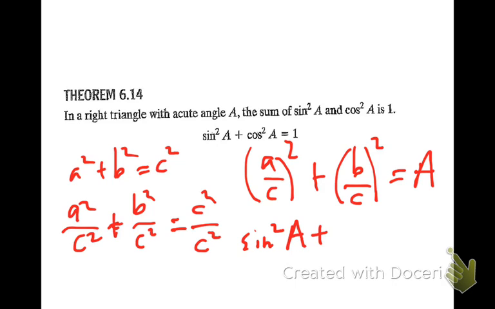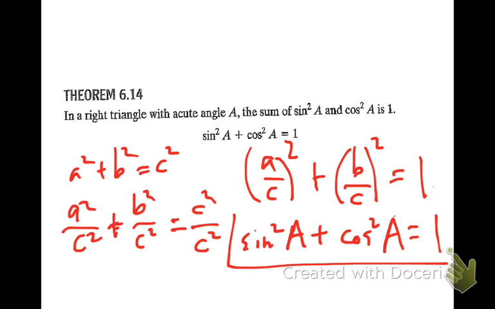Cosine. Cosine squared of A is going to equal, wait, I said equal A. This should have been equals 1. C squared divided by C squared is 1, so that equals 1. So we have solved that trig identity using the right triangle.